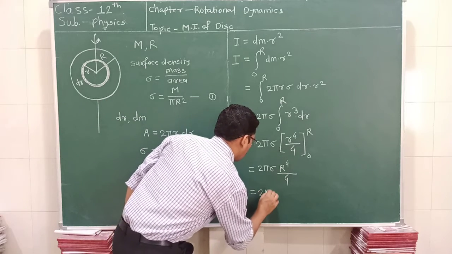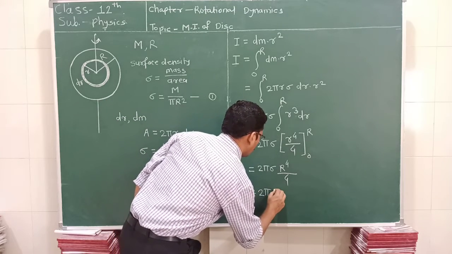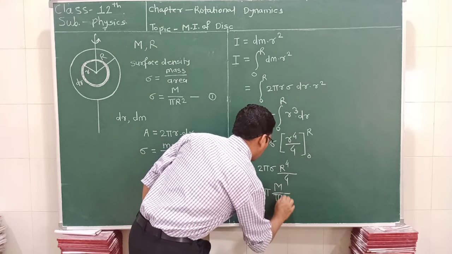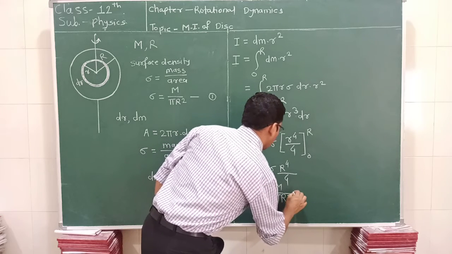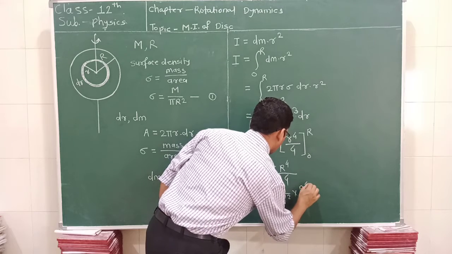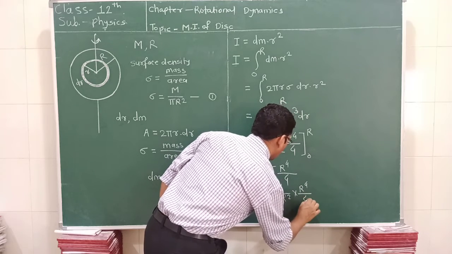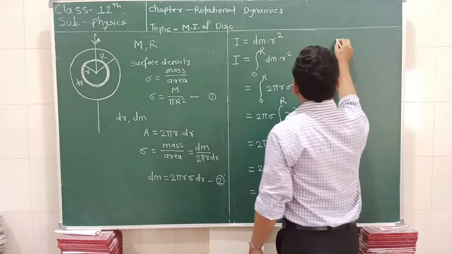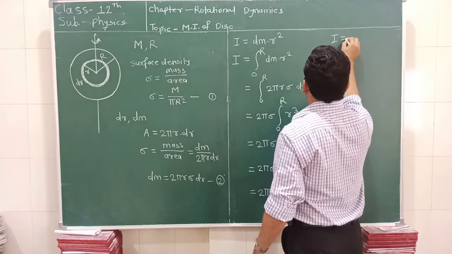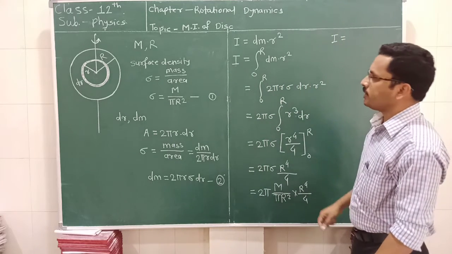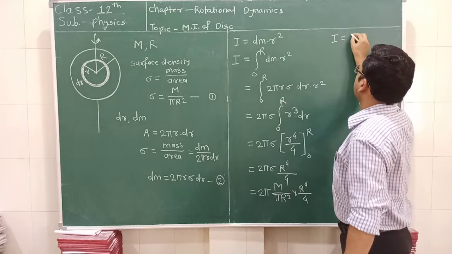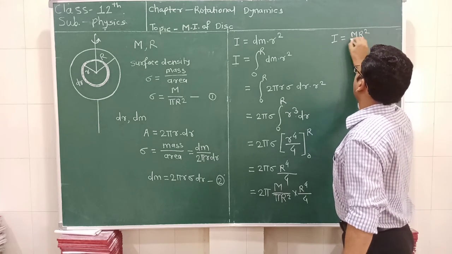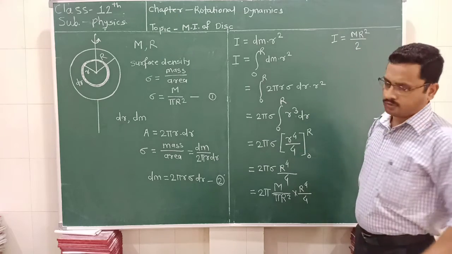So 2 pi into M upon pi R square, multiplied by R to the power 4 divided by 4. By simplifying this equation, we get the moment of inertia of the disk about this axis is equal to M R square divided by 2.